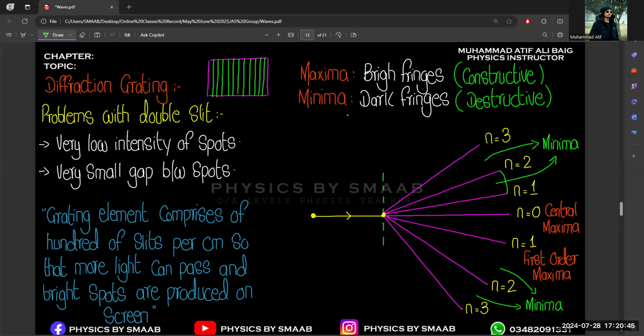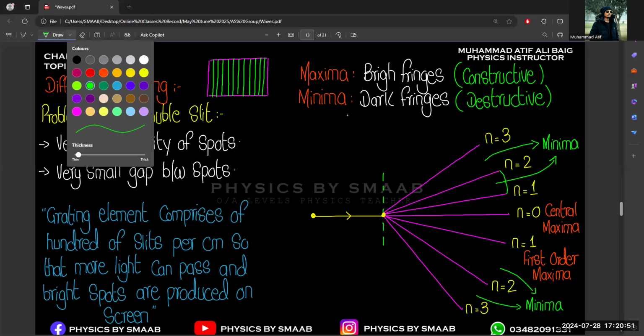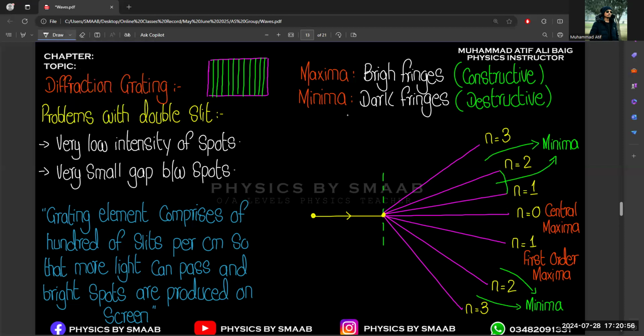And one more important thing, in this diffraction grating, we also use the angle theta. So how do we measure that theta? Basically, we start from the center, from central maxima. Let's suppose you want to measure the angle for the first order, so you have to measure from the center. This is theta 1. And if we want to measure the angle for the second maxima, you will measure like this.